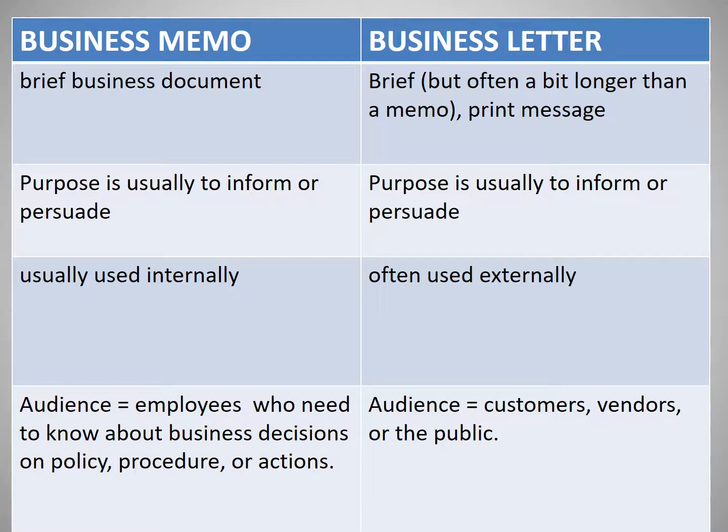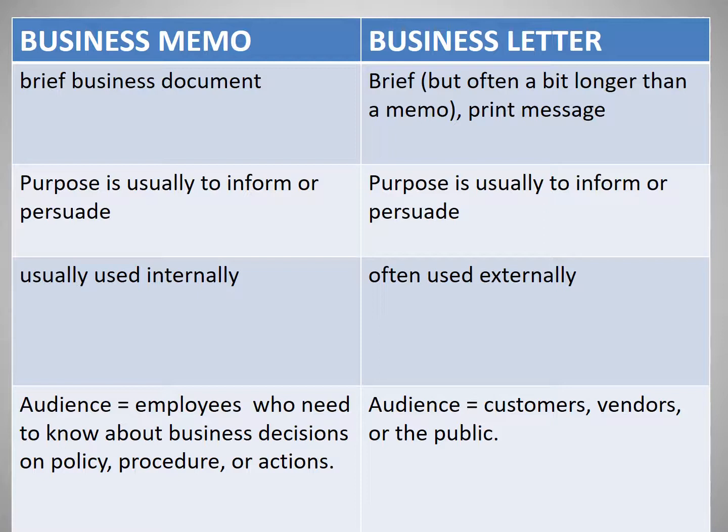Again, it's usually used internally. It's very, very rare that you would send an email memo outside of the company to try to conduct some kind of business. Very rare. So these are internal documents. That's the broad purpose, to communicate, either to inform or to persuade internally within an organization.